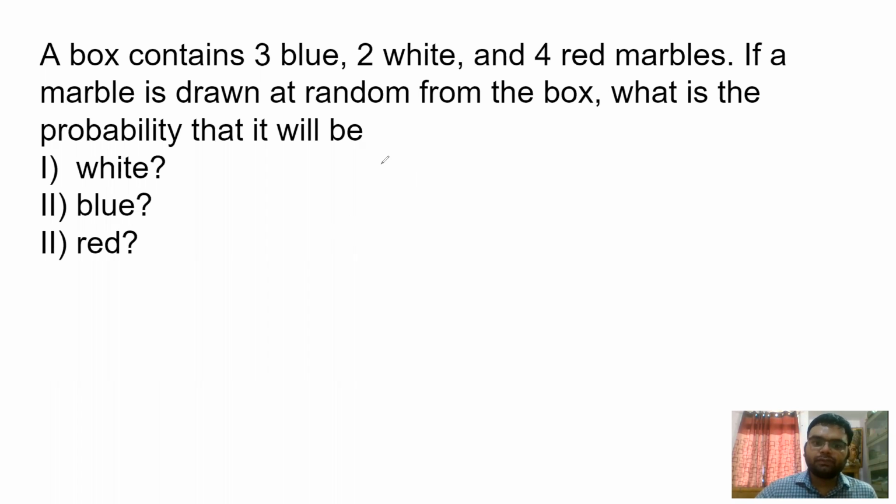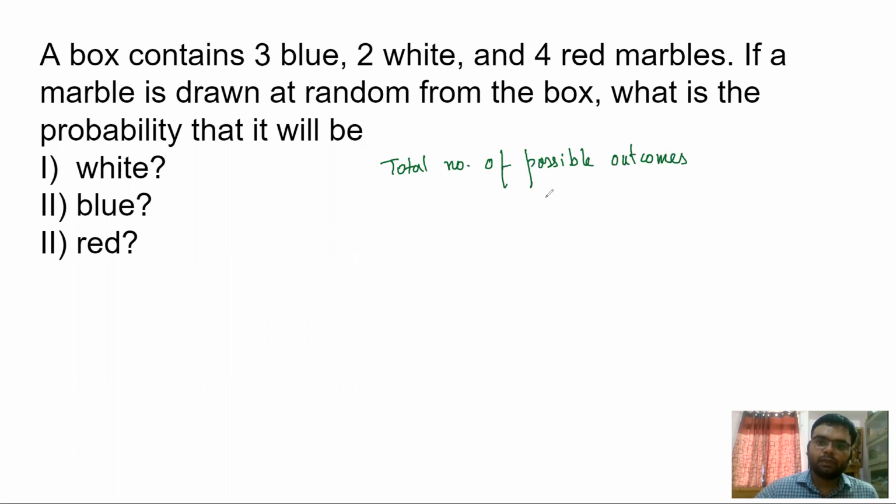So the total number of possible outcomes is equal to 3 plus 2 plus 4, which is equal to 9.